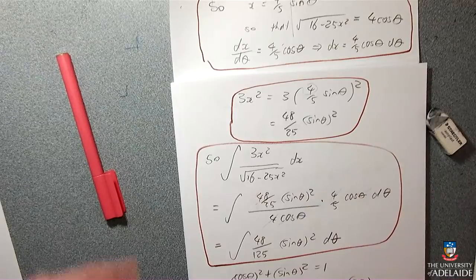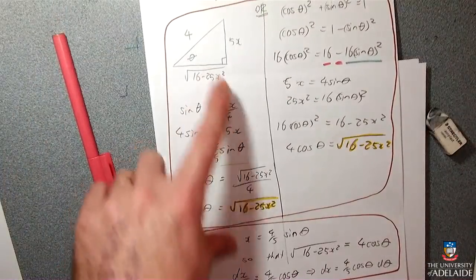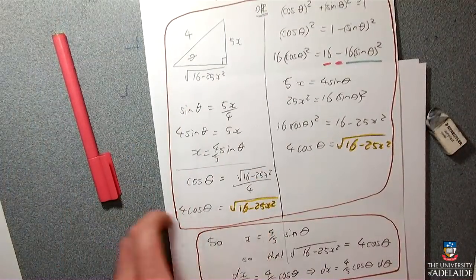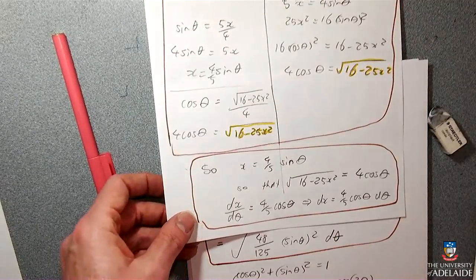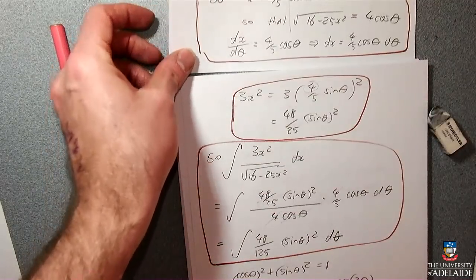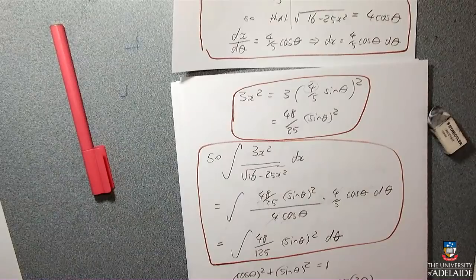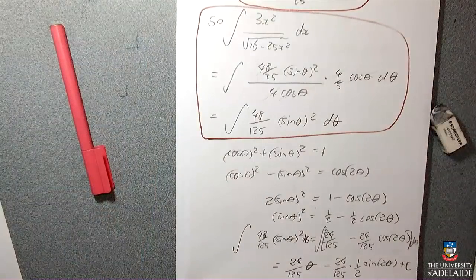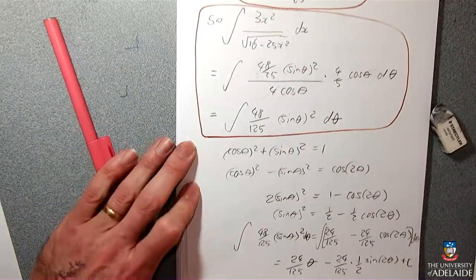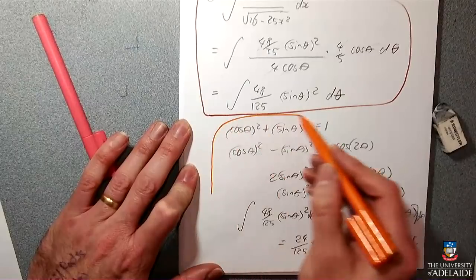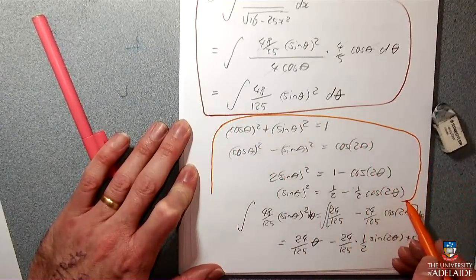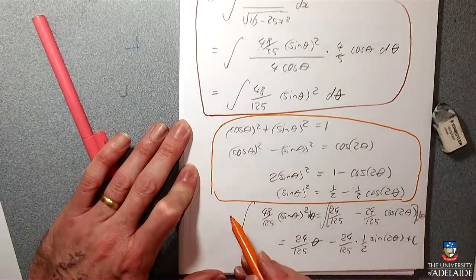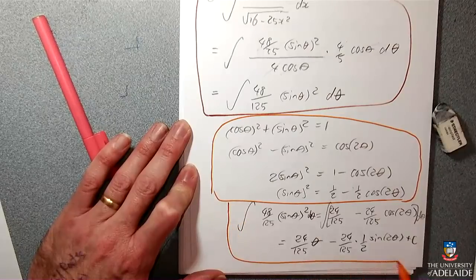The most important bit to happen first was to deal with that square root, because that's the point. And then I have to deal with the d theta, the dx, and then I deal with anything that's left over. Then the second part was when I actually did the integral. And the only way I was able to do that integral was to do a trig identity. So I found a trig identity that helped me to solve my problem, and then that allowed me to actually do my integral.